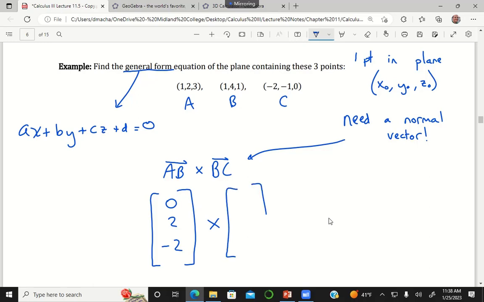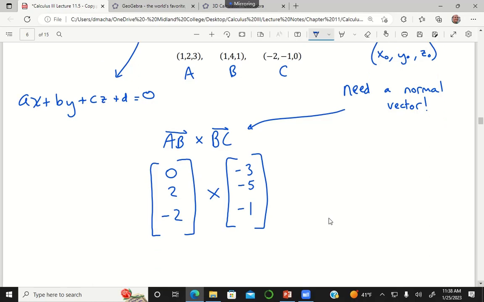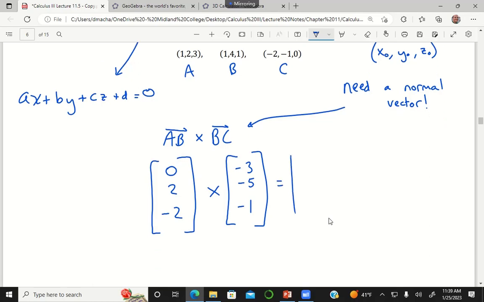Now I'm going to cross that with BC, which is going to be the coordinates of C minus the coordinates of B, and that will be negative 2 minus 1, negative 1 minus 4, and 0 minus 1. And that will be the determinant of this matrix.